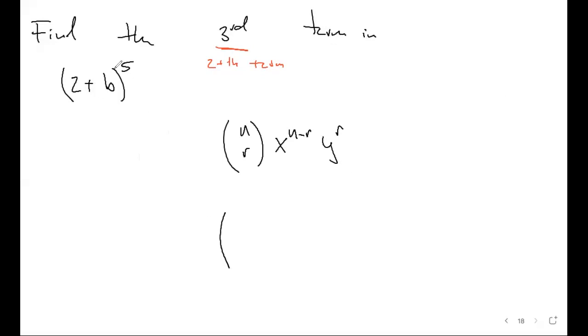I know my n is 5, my r is 2. My x is 2 in this case, so it'll be 2 to the 5 minus 2. And my y is b. So this is just going to be b to the 2nd power.